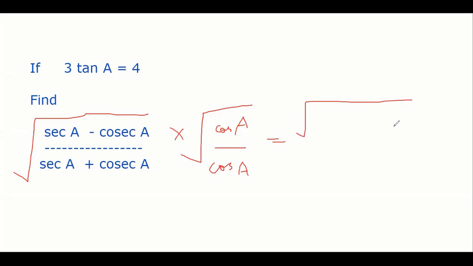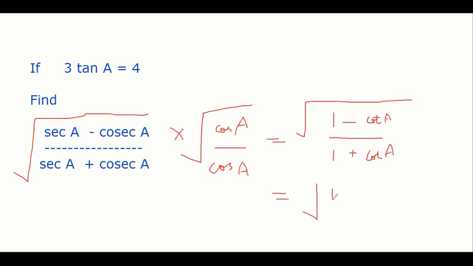Sec A into cos A, reciprocal, so 1. Minus cosec A into cos A. Cosec A means 1 by sine, and cos by sine is cot A. Same thing here, 1 plus cot A. Because we know sec and cos are reciprocal, so cancelled. Cosec means 1 by sine, and cos by sine is cot.